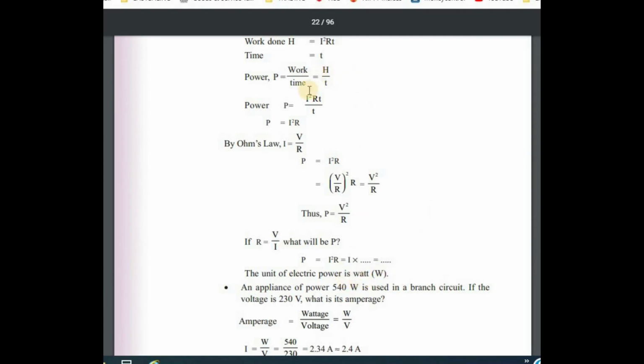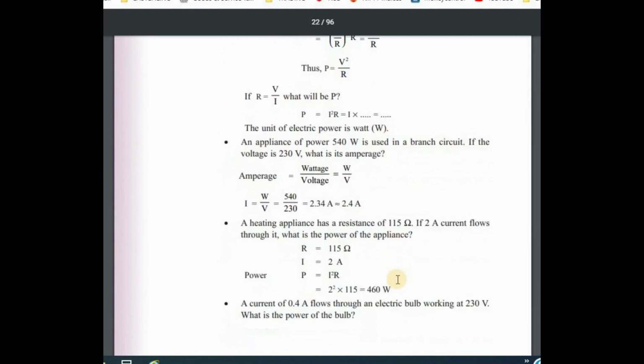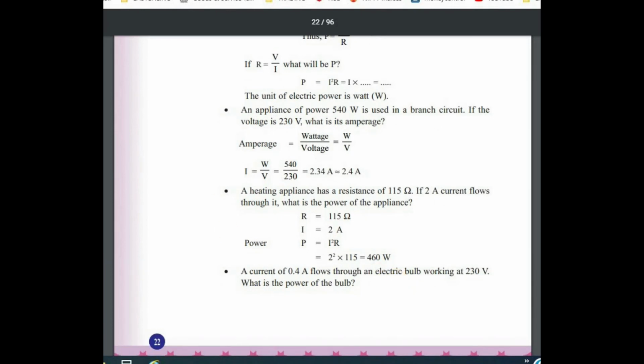So we have three equations for power. One is P is equal to I square R, another is P is equal to V square by R, and another is P is equal to VI. The unit of electric power is watt, which is represented by the letter W. Now one more equation to remember: amperage is equal to wattage by voltage.